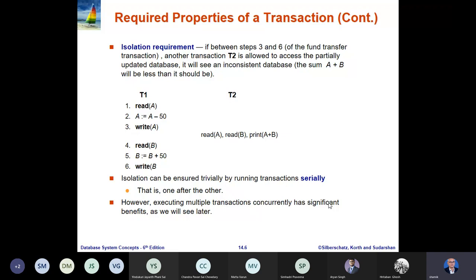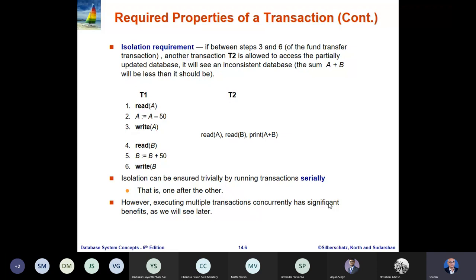If indeed B was there and B's value could be increased by 50, then A became 950, B became 2050, and that is again a consistent state of the database. So it is important that we move from one consistent state of the database to another consistent state while executing such a schedule of transactions.